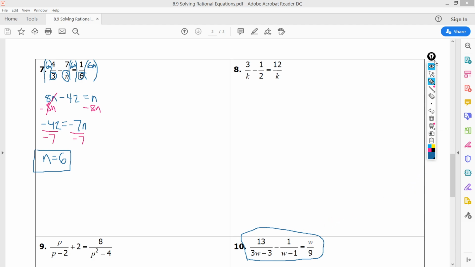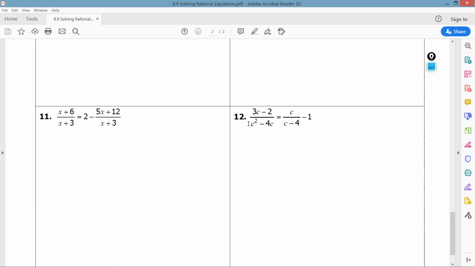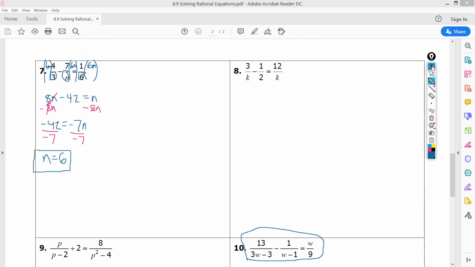That's not even a really good example, that's not too bad. But 12 is a really good example. Do you really want to multiply everything by both of these denominators? I personally do not. That seems just gross. So sometimes it's not too bad of an approach, but it's not the one that occurs to me naturally.